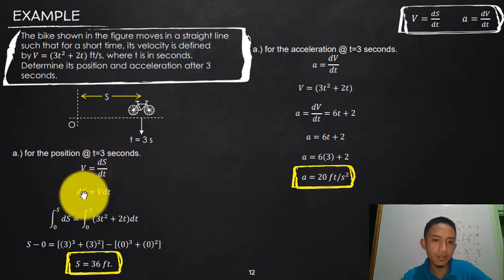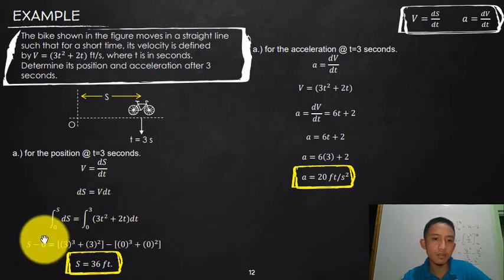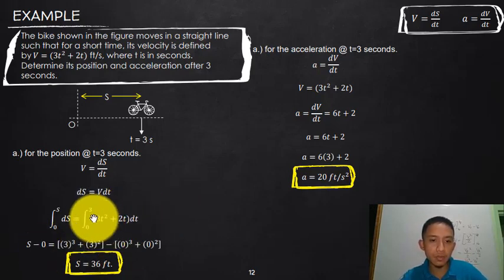Cross multiply dt, so ds is equivalent to v dt. Integrate both sides, but at the same time, your v will be changed into 3t² + 2t, so that will be plainly an equation of t. Integrate both sides. This will be s from 0 to s, or that is just s, and from time 0 to 3 on the other side.